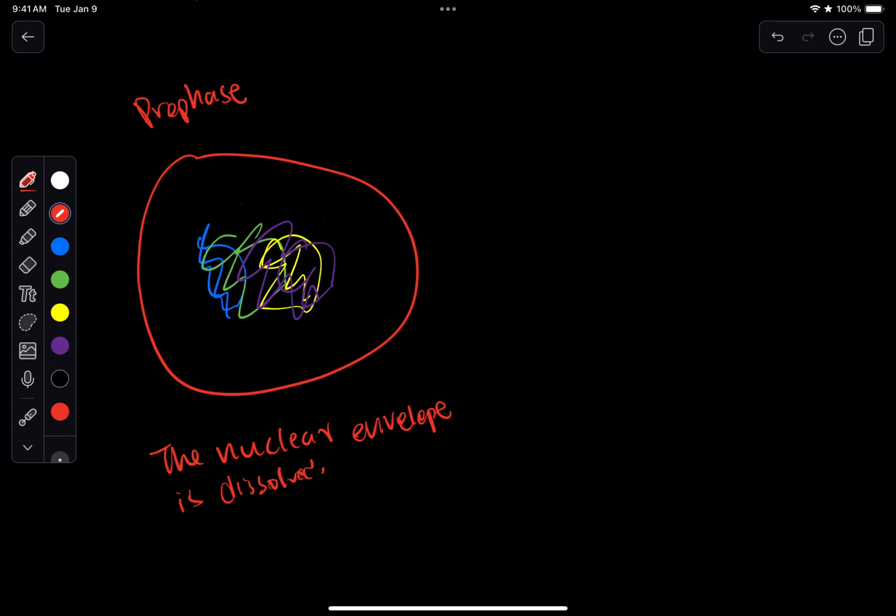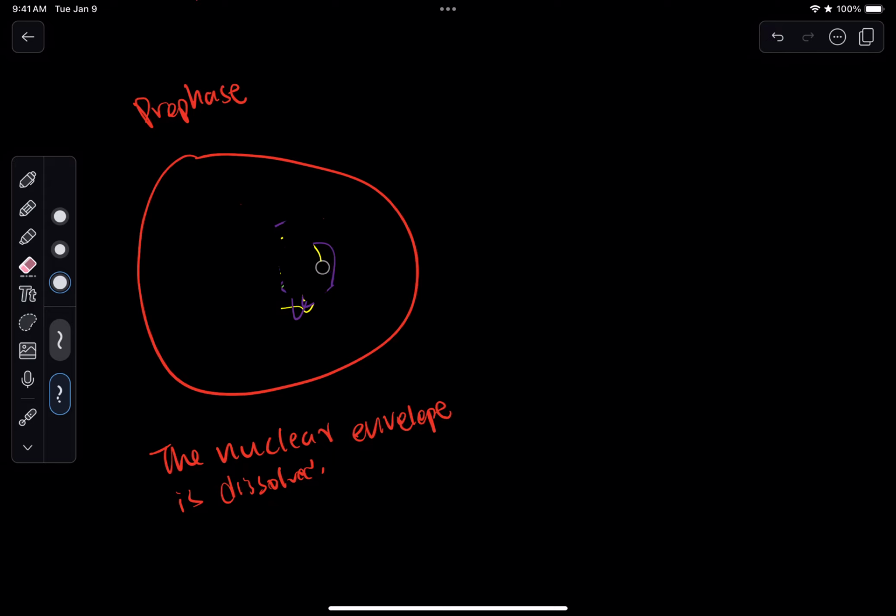It's also important that they become coiled first. They have to be coiled up into condensed chromosomes. So let me change that so it looks more like this, which is better for replication. If you remember, they look X-shaped.